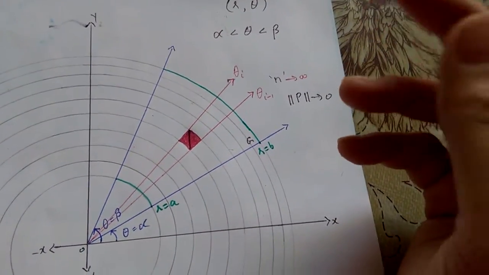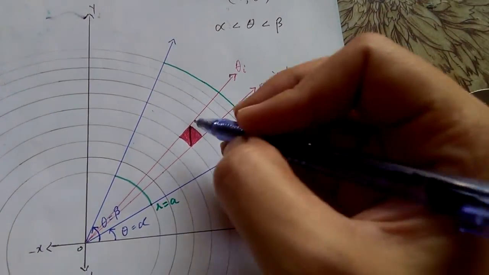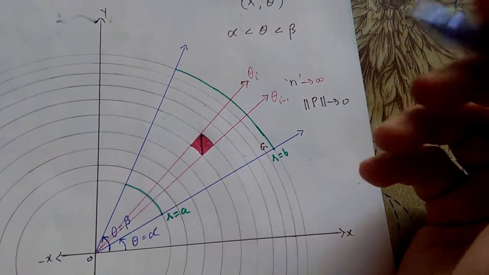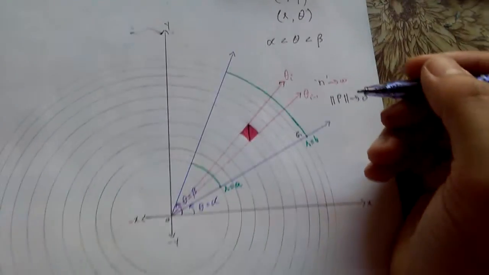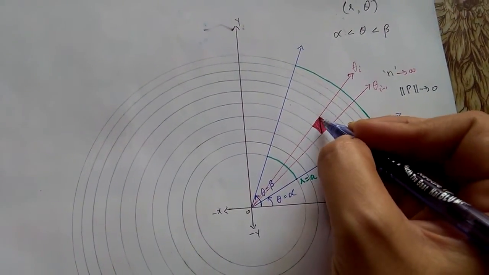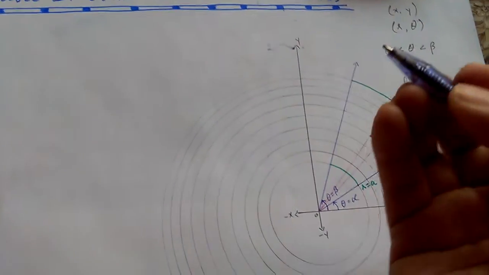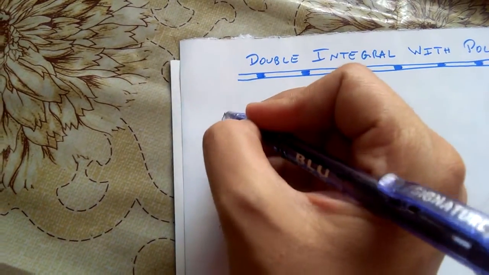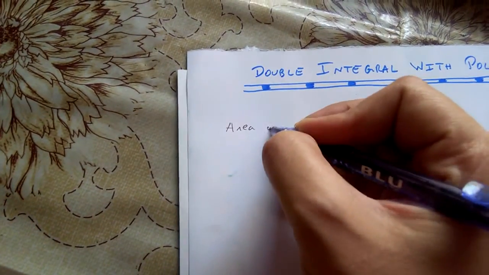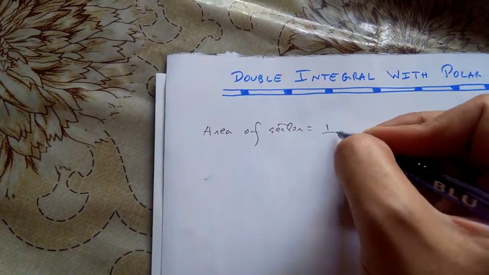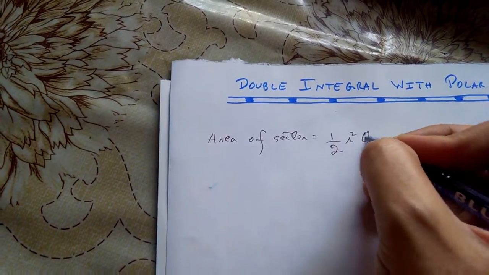Now we have to find the area of this single red curved subrectangular strip. Let us consider it as the area of a sector. We know that the area of a sector is represented by this formula, half r squared theta.